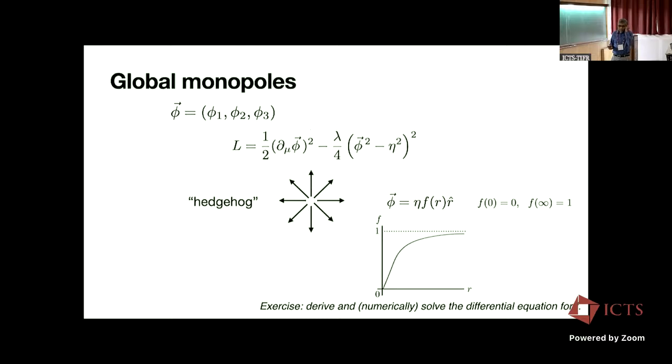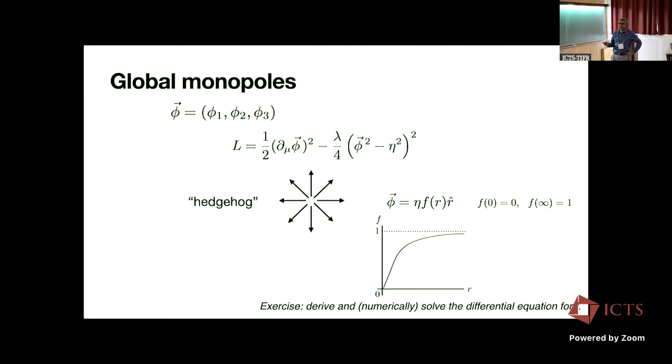So let's first think about a simpler situation where we just have scalar fields and no gauge fields, and consider a triplet. So phi is actually 3 components, and the Lagrangian is simply the gradient squared and then the potential. And so the vector phi has to have magnitude eta.